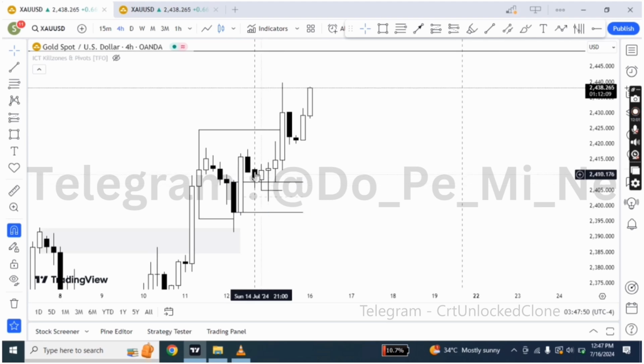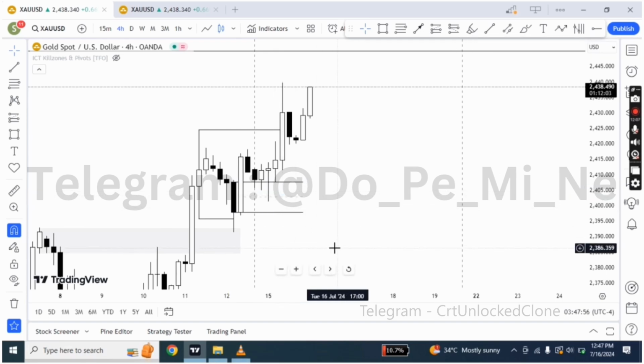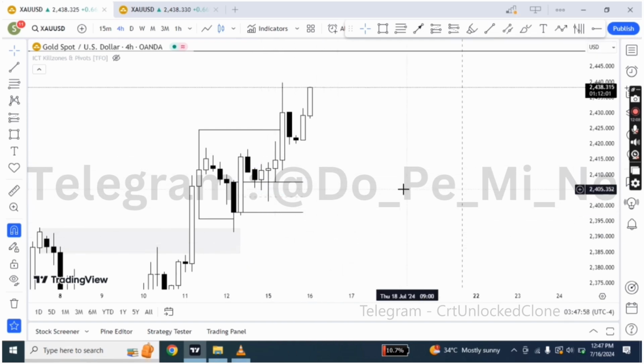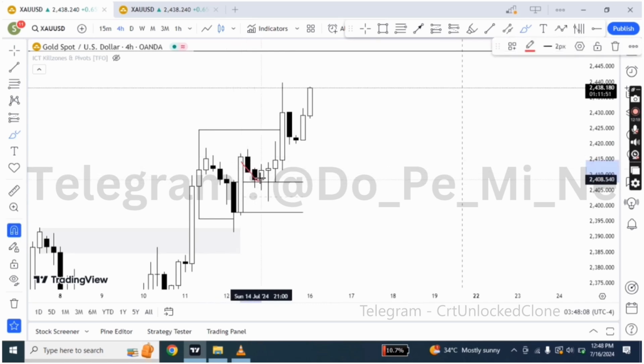Now what I'm trying to tell you here is that do not force a trade idea right here. Let me explain it to you, right? If you are right here and price hadn't done this price action right here, then you would be expecting higher prices straight away, because price tested a key level and now it's going to go higher, even though the mean threshold isn't tested yet, right?